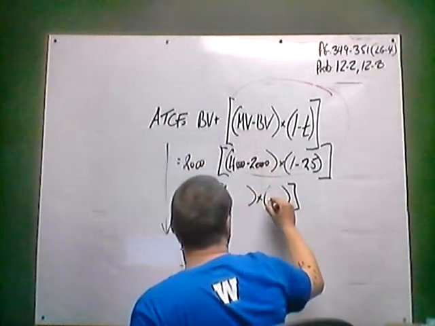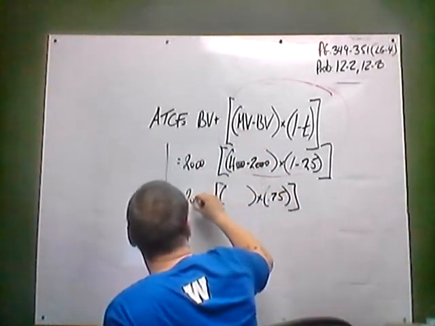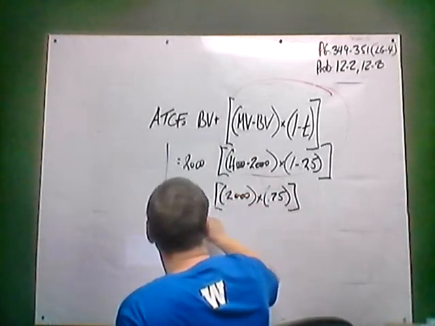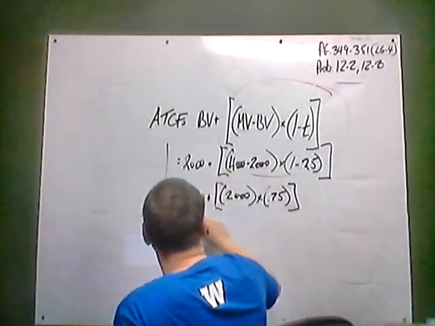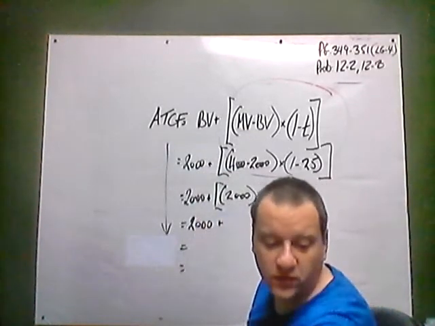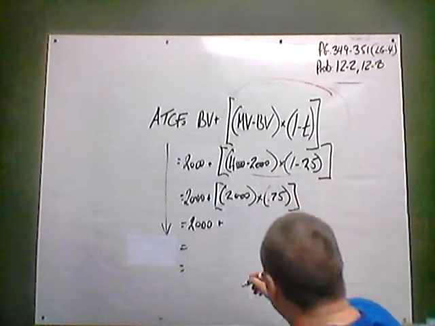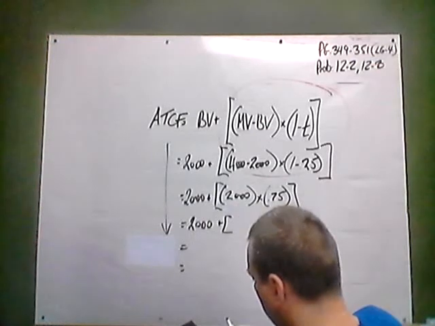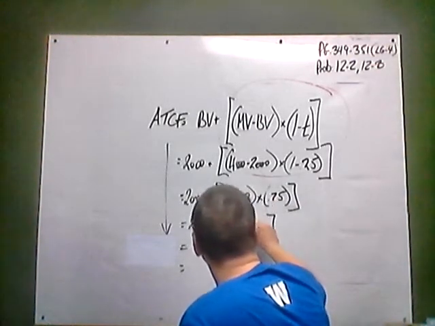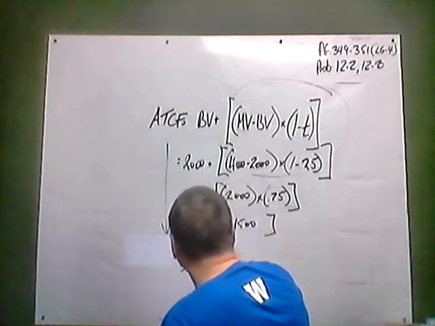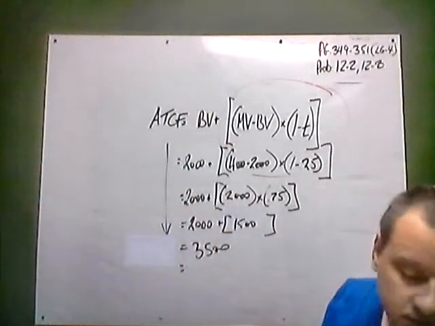So 0.75 times 2,000 is 1,500. Then 2,000 plus the 1,500 gets 3,500 bucks, just like we have in the textbook.